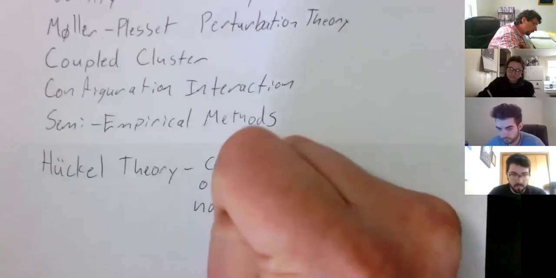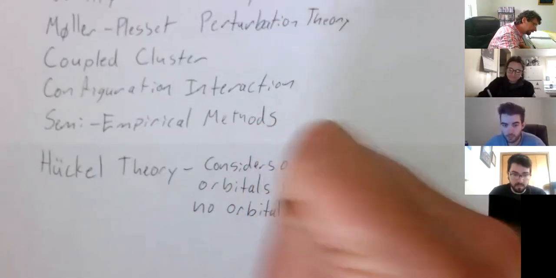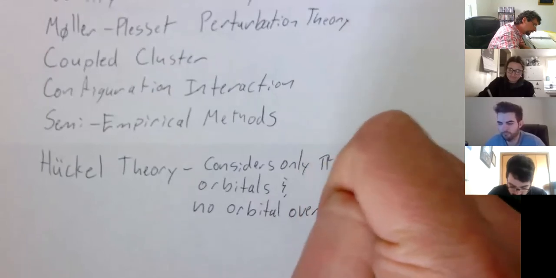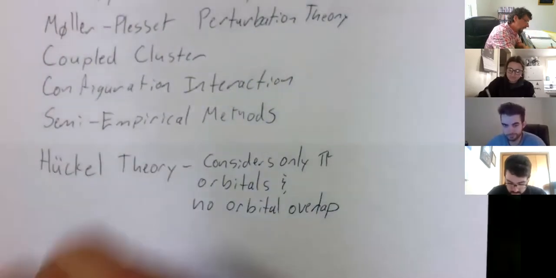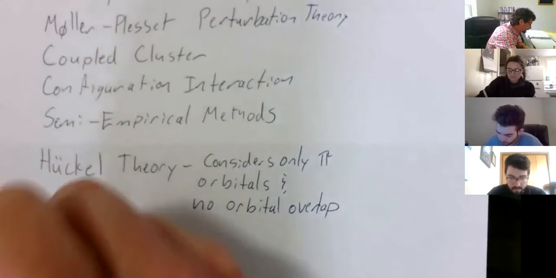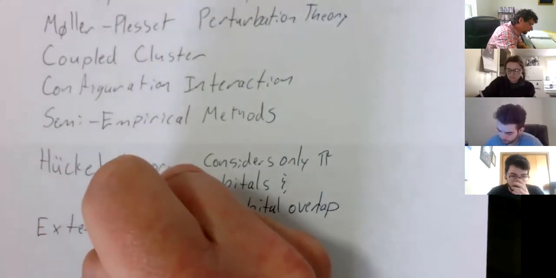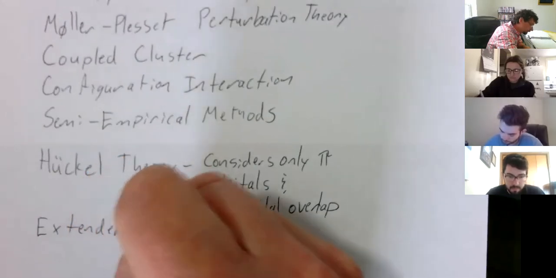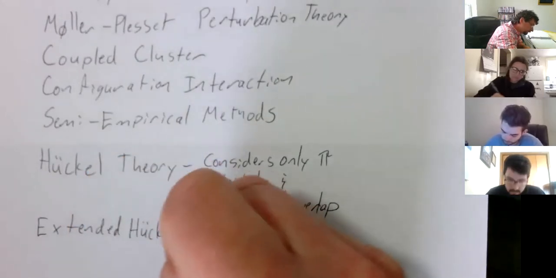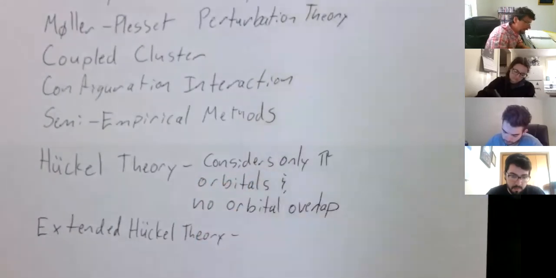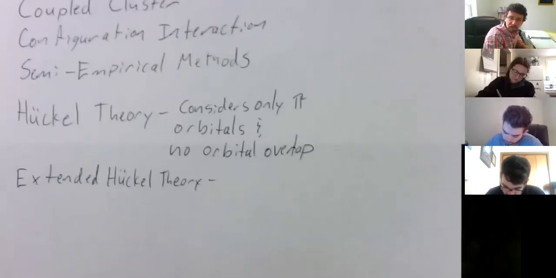And then we have extended Huckel theory. And that one you consider pi and sigma orbitals.